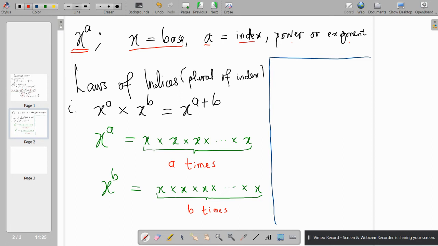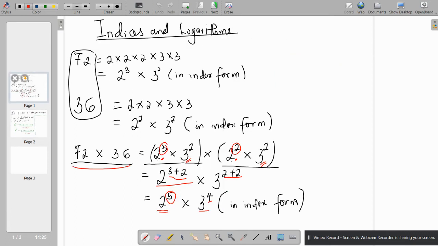So the major thing about indices and logarithms, or let me say indices for now, is that we want to see how to solve problems that have to do with powers, just like we have seen in this case here. We have 2 raised to power 3 times 3 raised to power 2 times 3 raised to power 2, and combine them together, we have these as our solution.